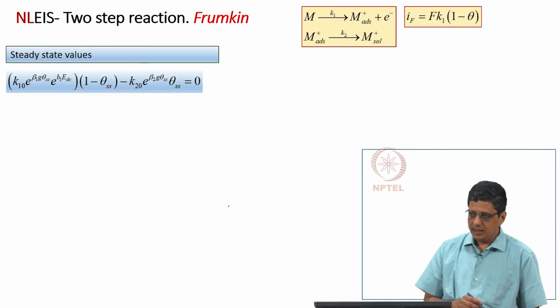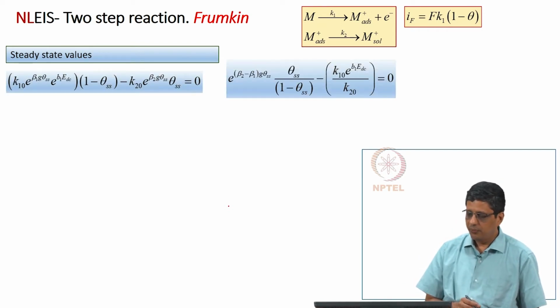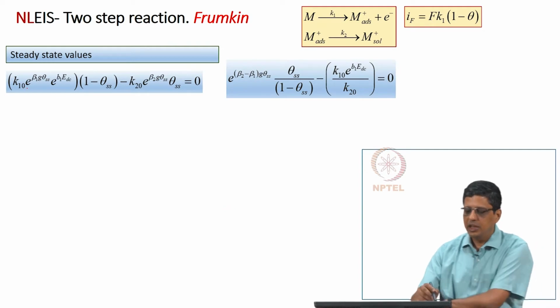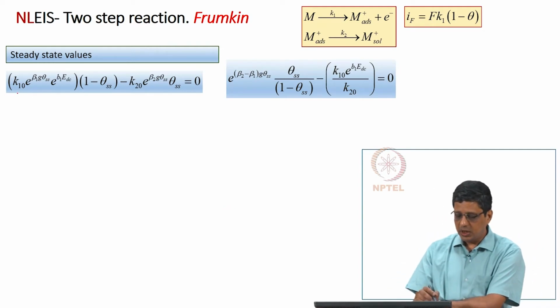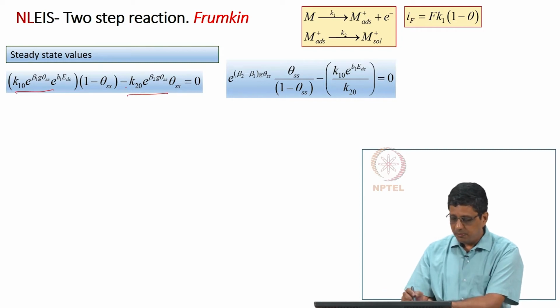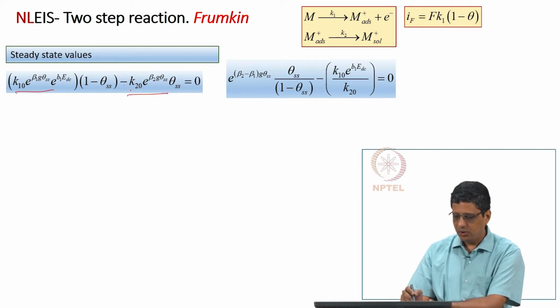In order to calculate the steady state value, what you have done is first rearrange this. You have this expression, bring this to the right side, you would get k2 0 e power b2 g theta multiplied by theta. Then bring this to the denominator, you will get theta divided by 1 minus theta SS, right.